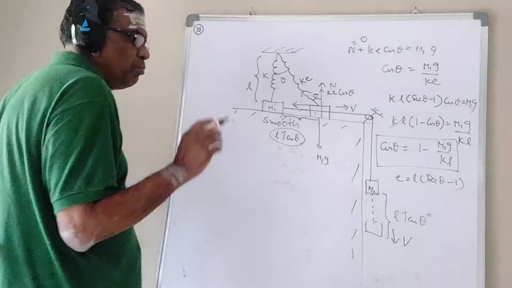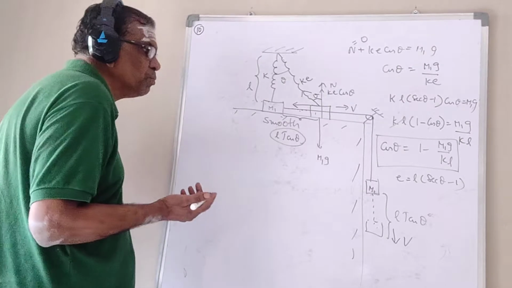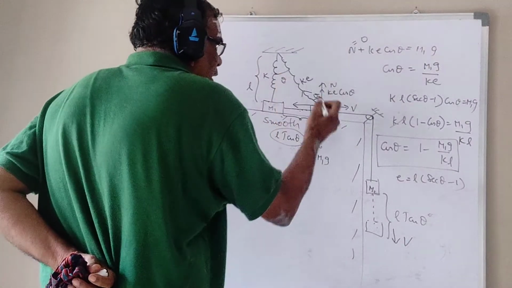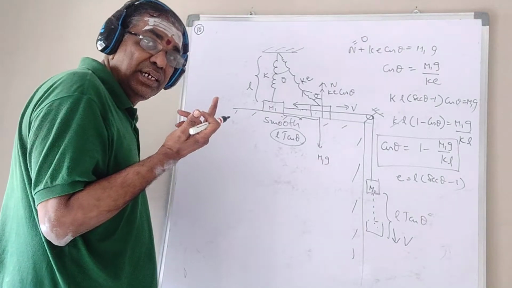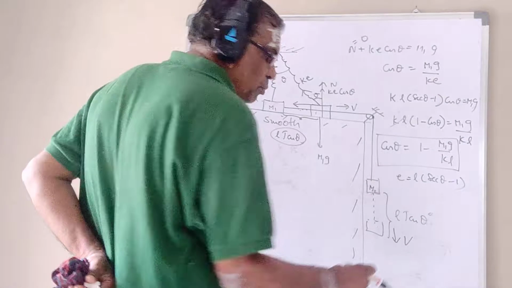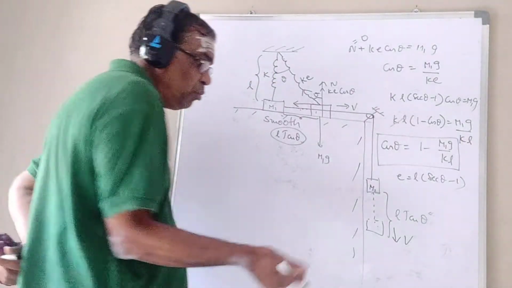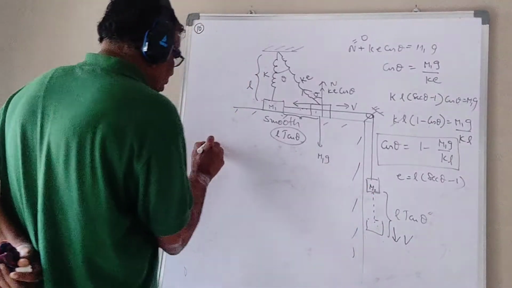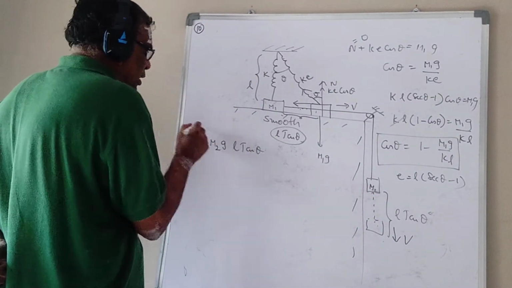What is the potential? Initially, of course, potential energy is zero. Now, the spring, there is a storage of potential. The spring potential energy has increased, gravitational potential energy has decreased. It has fallen. How much has it decreased? m2 g L tan theta.